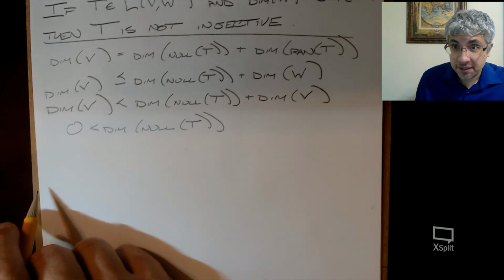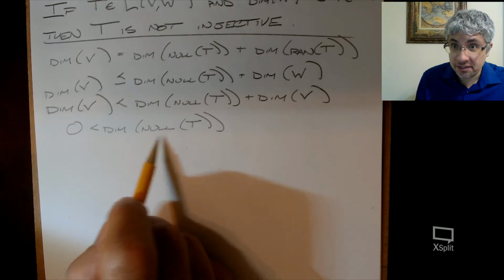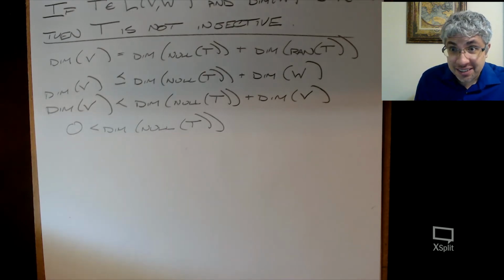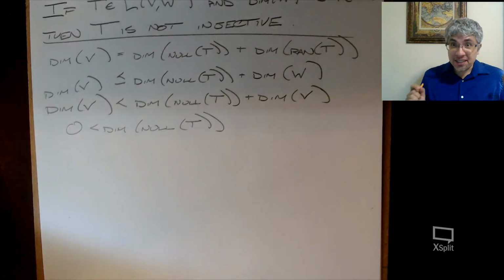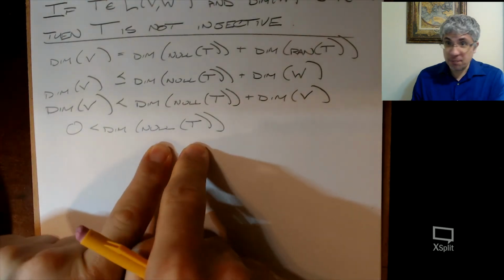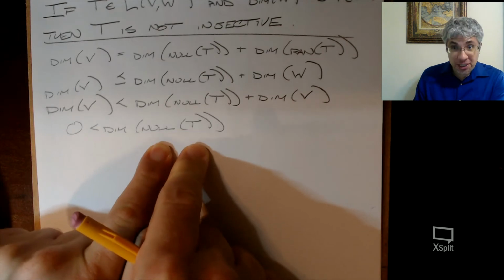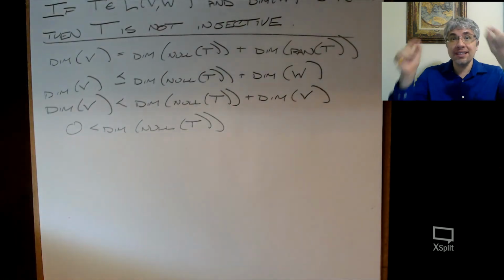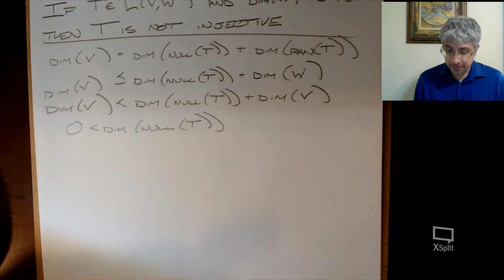So that means that there is some non-zero element that gets sent to 0. So two things: 0 already gets sent to 0, and pick something in that null space, that also gets sent to 0. I have two different things that get sent to the same element.